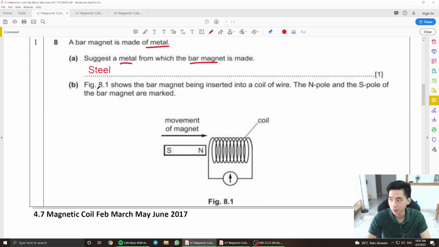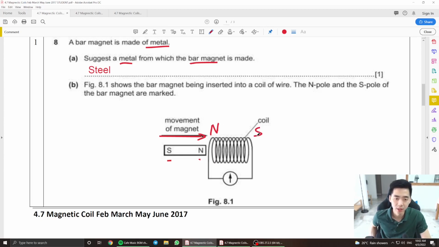Then figure 8.1 shows the bar magnet being inserted into the coil of wire. The N pole and south pole of the bar are marked, so this is the N, this is south. If you remember Lenz's law, guys, when the magnet is going into the coil, it actually produces a temporary north pole here and a temporary south pole here, right?